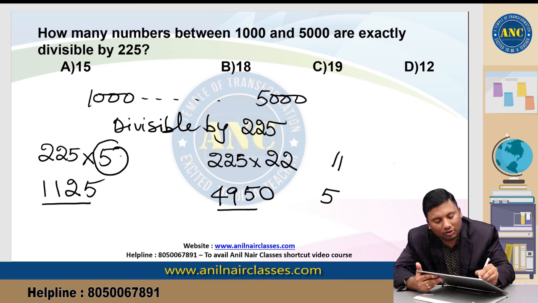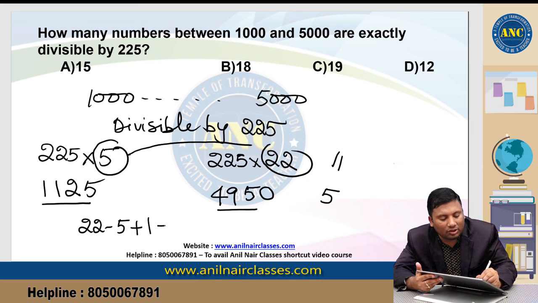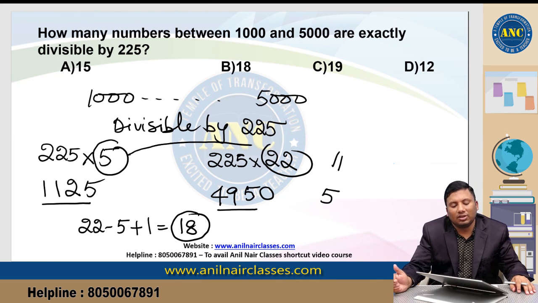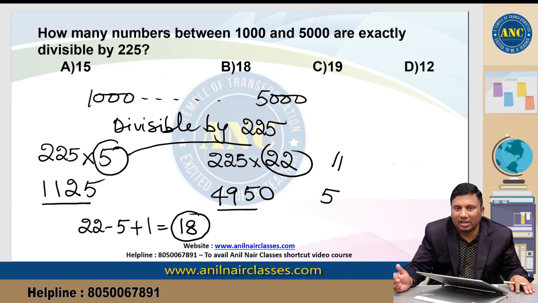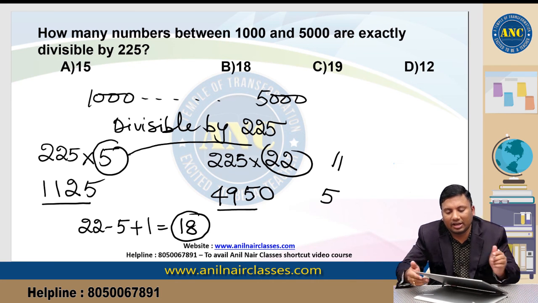So from 5 to 22. The next number, 4950 plus 225, is greater than 5000. So from 5 to 22 means the answer will be 22 minus 5 plus 1: 17 plus 1, the answer is 18. Idea clear, right?